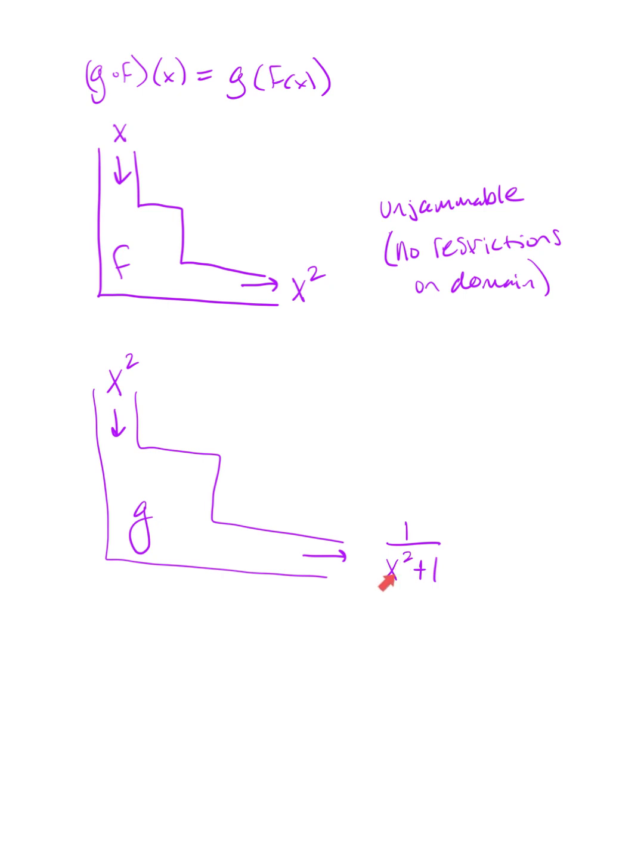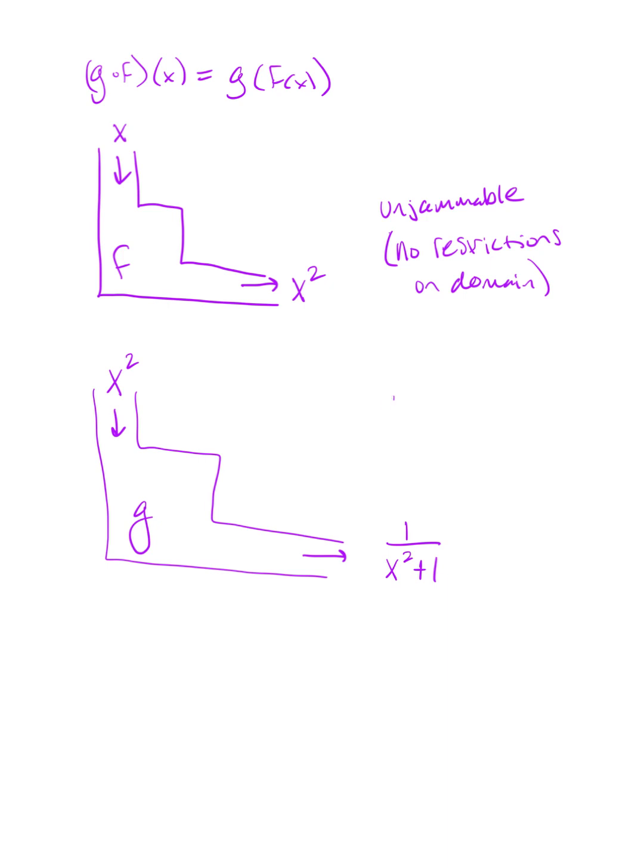But there is nothing I could get from the f machine and put into g that would make this denominator 0. The only thing that would make this denominator 0 is if x squared were negative 1, but that's impossible, right? There's no way you could get something out of f that would jam the g machine.